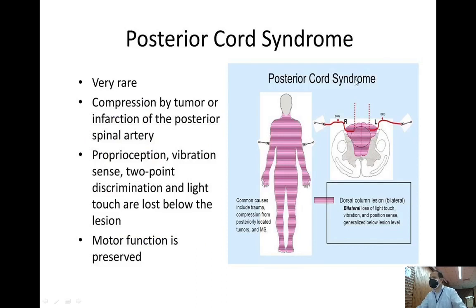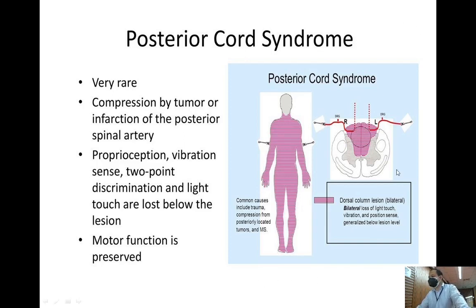I'm just showing you that you can have different types of injury to the spinal cord. It can be a posterior cord syndrome involving the white matter alone in the posterior part of the spinal cord. Because we have the dorsal column ascending through this, we will be losing the sensations of fine touch, tactile localization, tactile discrimination, vibration sensation, stereognosis and proprioception.